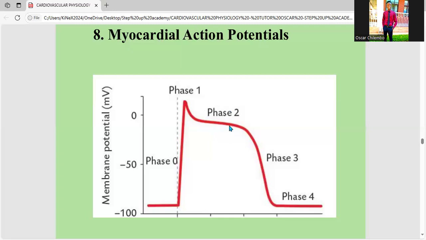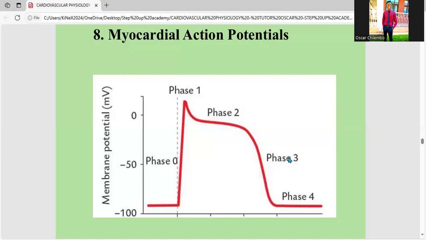Then from phase 2, we go to phase 3. What is phase 3? Phase 3 is rapid repolarization. Now, remember potassium was leaving the cell, then calcium was entering. That was phase 2. Then phase 3 is rapid repolarization. What do you think is happening?